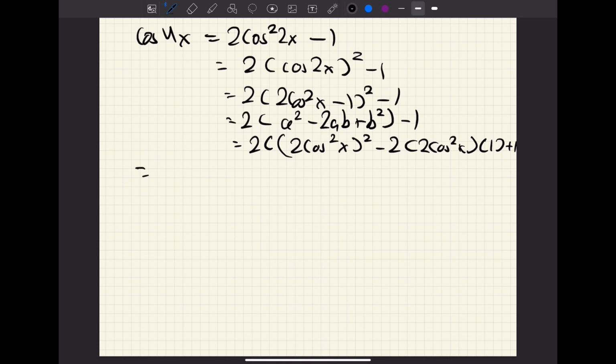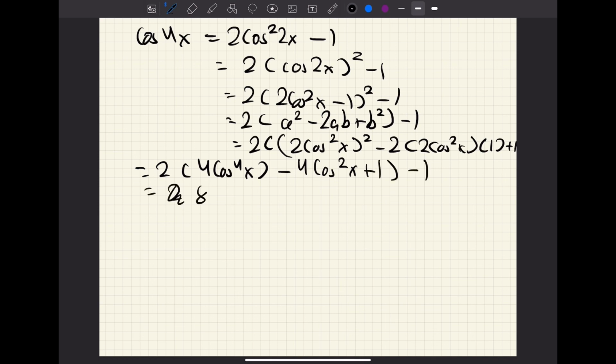So let's move it over there. 2 cos square x whole squared would be 4 cos to the power 4 x, minus 2 into 2 is 4, so minus 4 cos square x plus 1 minus 1. Now we multiply the entire thing by 2, so that will be 8 cos to the power 4 x minus 8 cos square x plus 2 minus 1.